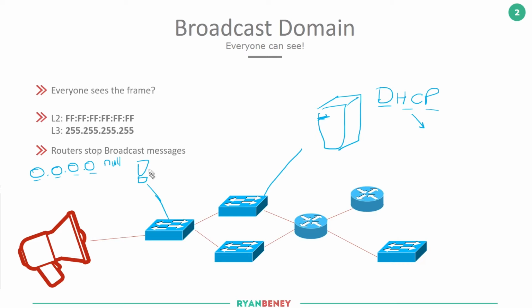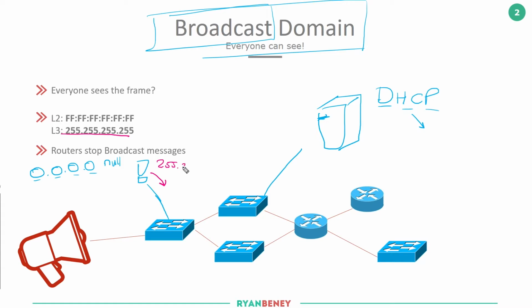And in order to obtain an IP address, it's going to send a broadcast message to everyone inside the broadcast domain. So it will start off by sending a message to the 255 destination. So the message will go out destined for 255.255.255.255.